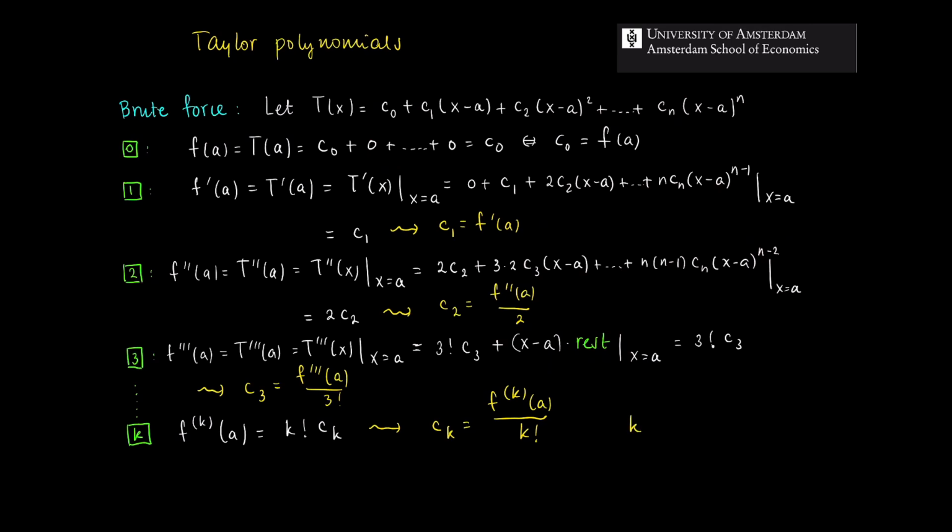And this should hold for k from 0 until n. So basically, there's only one polynomial that is tangent up to order n at x equals a.